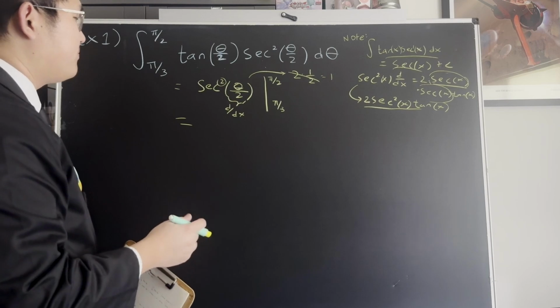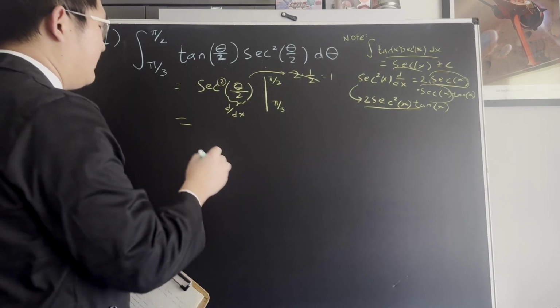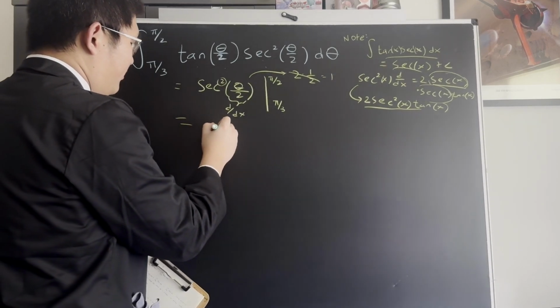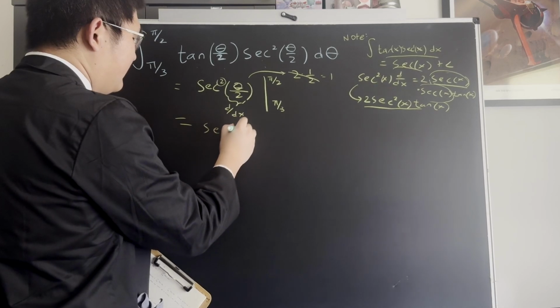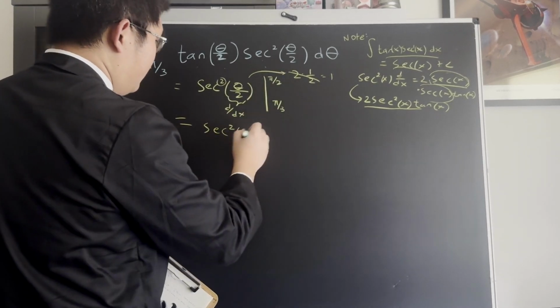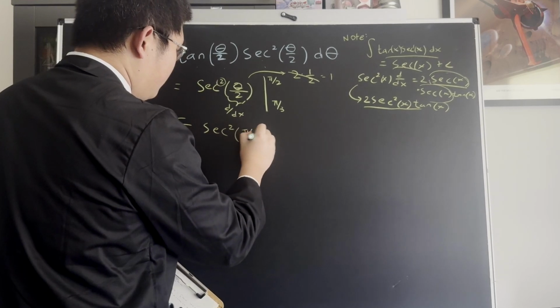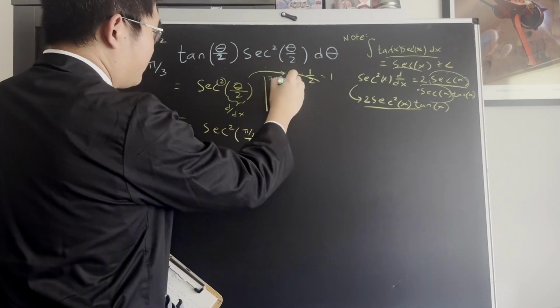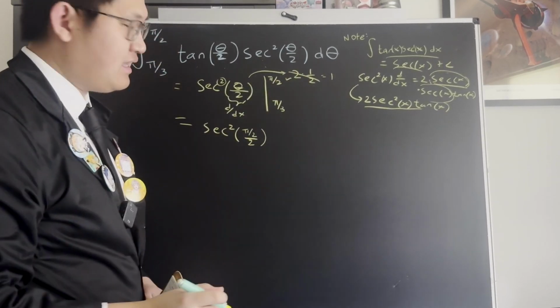Okay, so with secant squared, remember from the fundamental theorem of calculus that it is the first limit minus the second limit for this new function. So it's going to be secant squared of pi over 2 over 2. So that's the first limit taken care of.